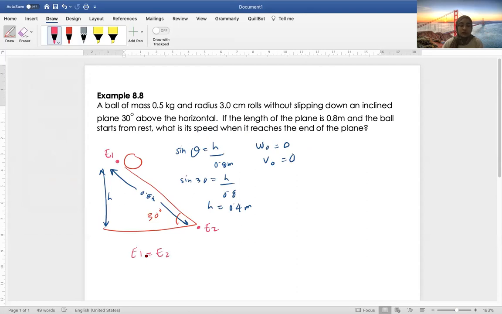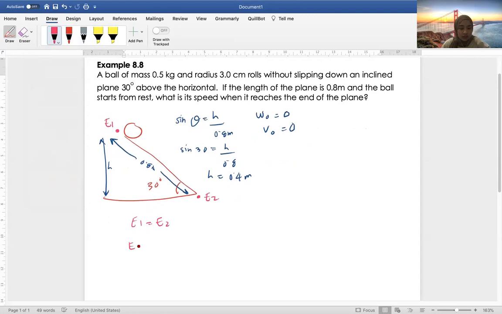What is the equation for E1? E1 should consist of mgh, and we also have KE here, and E2 should also have mgh plus KE. Here, KE is 0 because we are starting from rest.